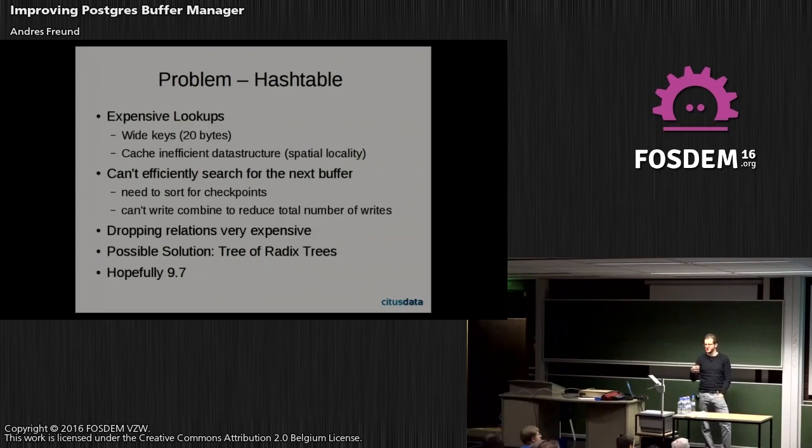This also has the problem that a hash table isn't actually very cache efficient. You have good worst case and average case behavior, but if you look up two neighboring pages, they're going to be in two totally different parts of the hash table. And modern CPUs are fast as long as you hit the CPU cache. But as soon as you hit memory, that takes a lot longer.